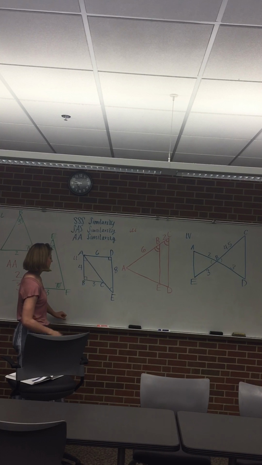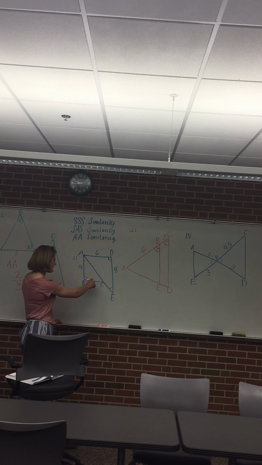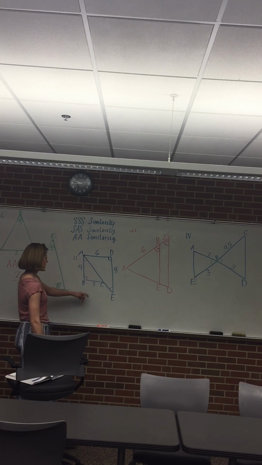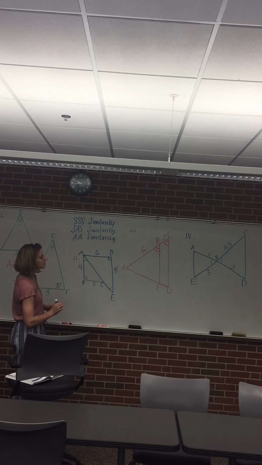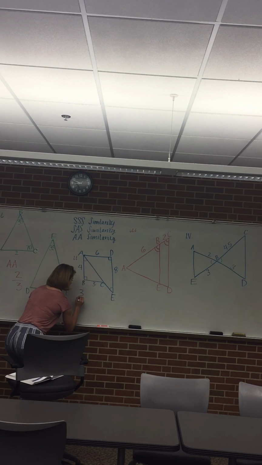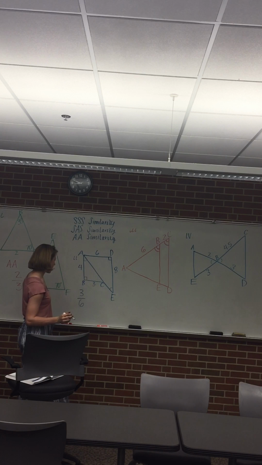In the next triangle, my first thought is that I see 2 right angles and another set of angles that is congruent, but we also have some side lengths, so we need to see if they're proportional before we can decide what type of similarity it has. The way we do that is we find the scale factor of the corresponding sides. BC corresponds with AD, so 3/6 is our fraction there.